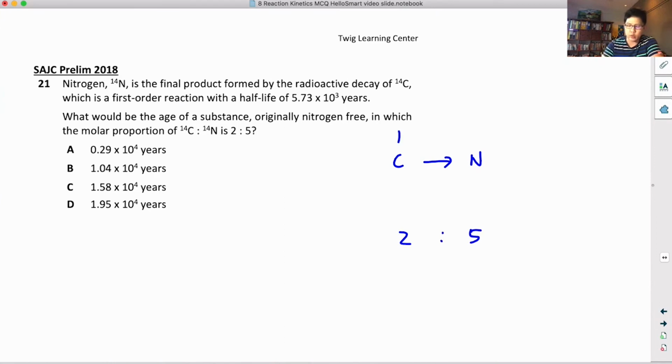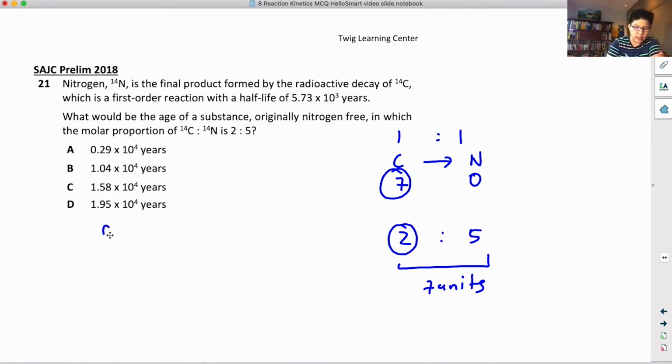Since the ratio is 1:1, one carbon becomes 1 nitrogen, so the number of units won't change. Over here you can see there are 7 units, so originally there must be 7 units of carbon and 0 units of nitrogen. The final for carbon is 2, the initial is 7.